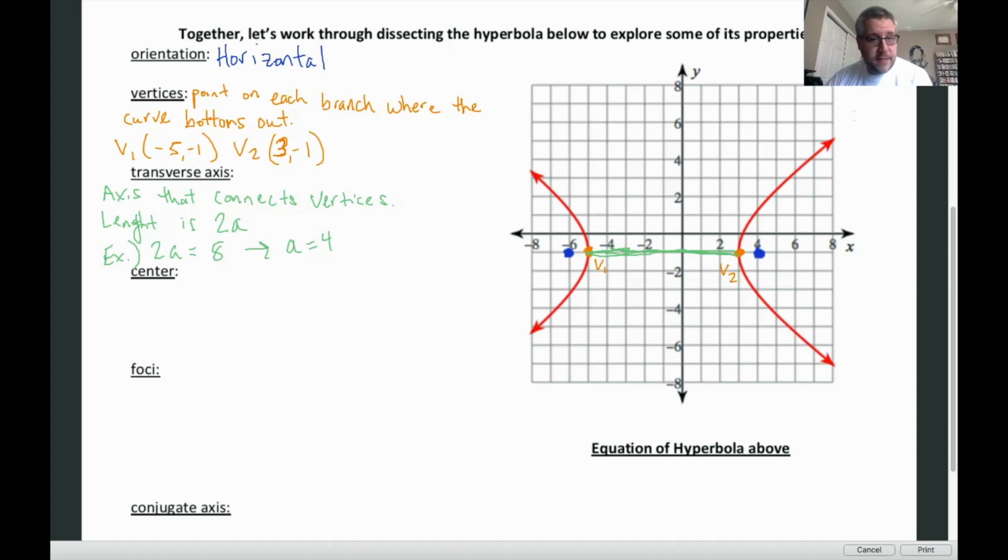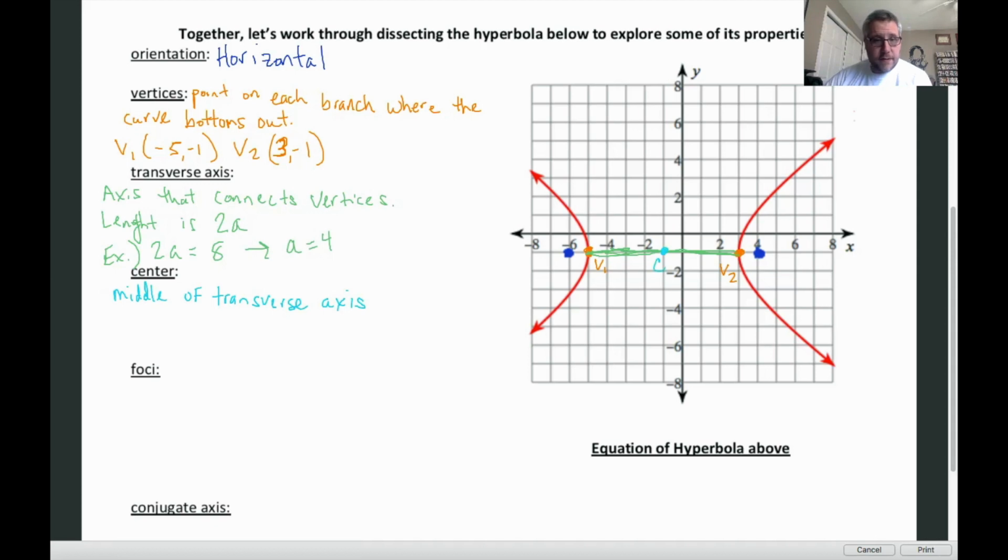That leads us into the center. The center is the point in the middle of this transverse axis. Let me change colors. Let's go light blue. The center is in the middle of the transverse axis, so we're smack dab in the middle. 1, 2, 3, 4. We're right here.